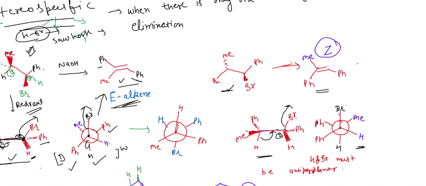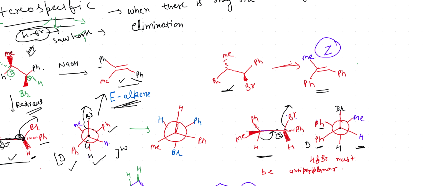In this case also, dashed groups are on the left hand side. So phenyl is on the left hand side. And this hydrogen that is on the wedge is on the right hand side. Then this is your second carbon atom. Clear? So the carbon is linked to phenyl, methyl, and hydrogen. So the dashed group is present on the left hand side as in the case of the second carbon also. And this methyl group is present on the right hand side.